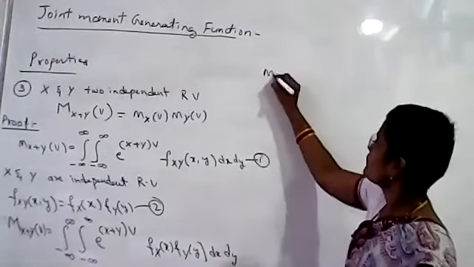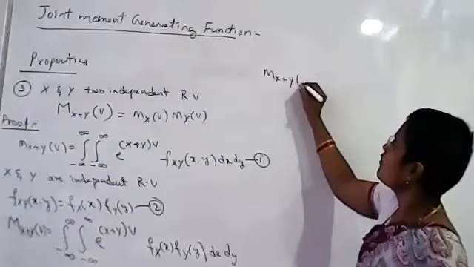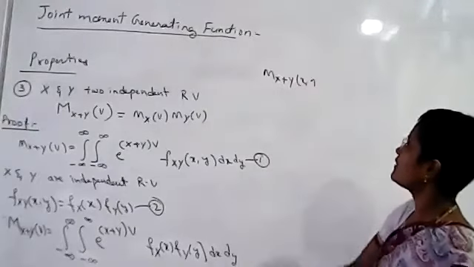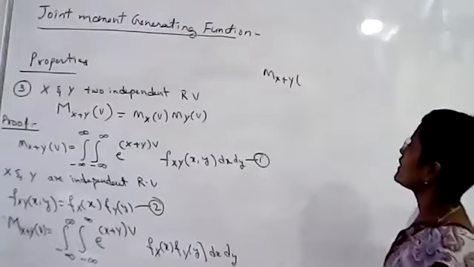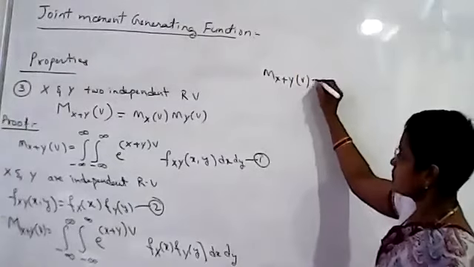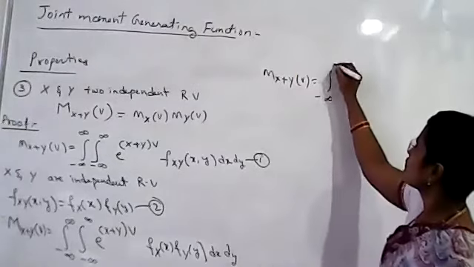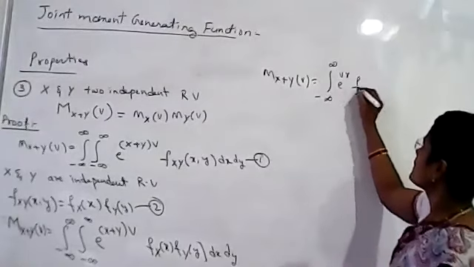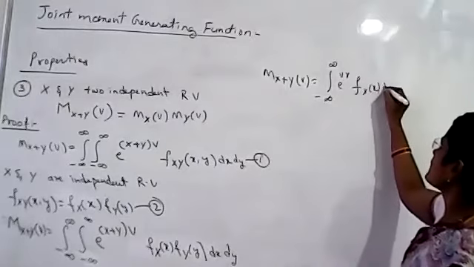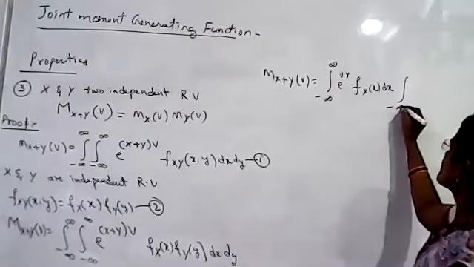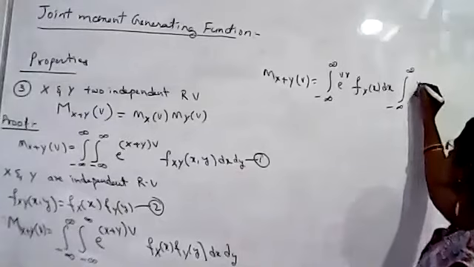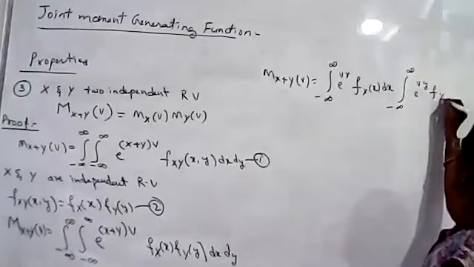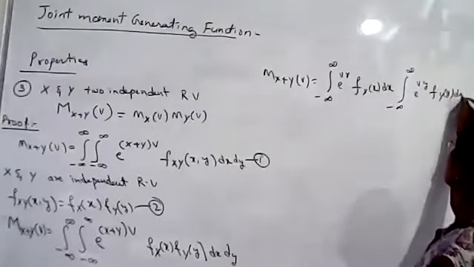So Mx+y of b can be written as the integral from minus infinity to plus infinity of e power bx fx of x dx, times the integral from minus infinity to plus infinity of e power by fy of y dy.